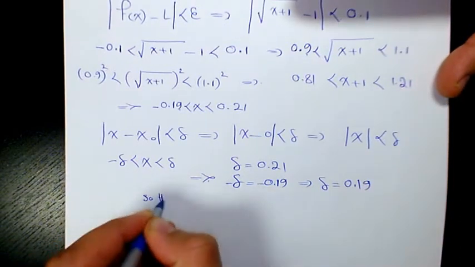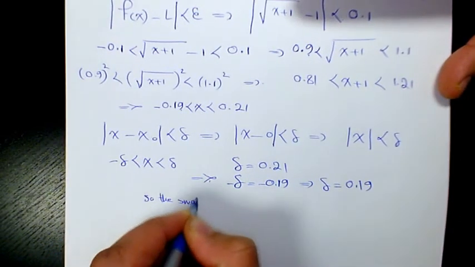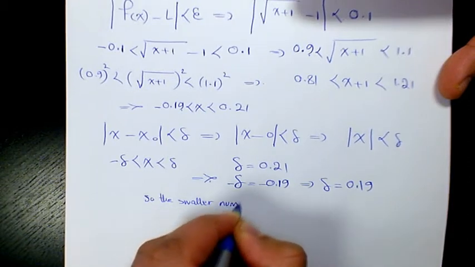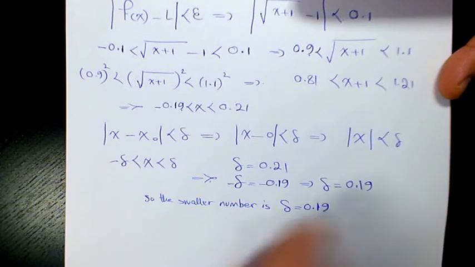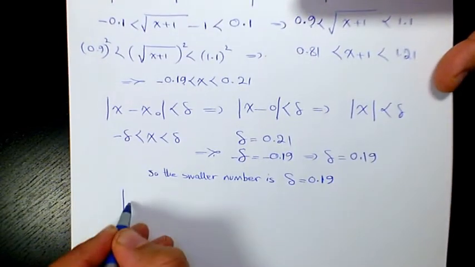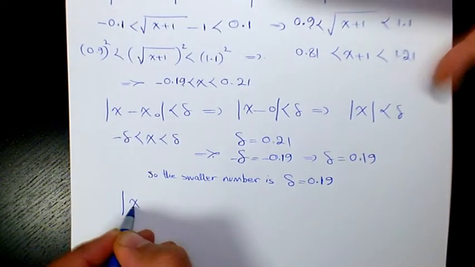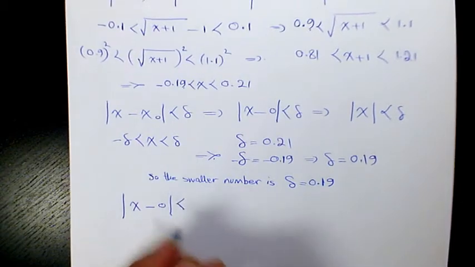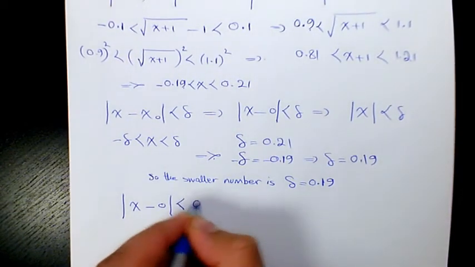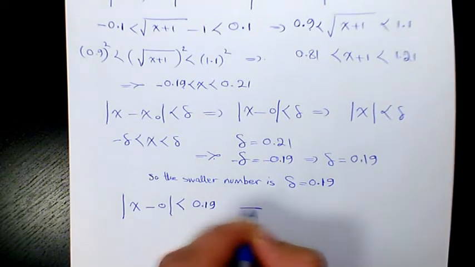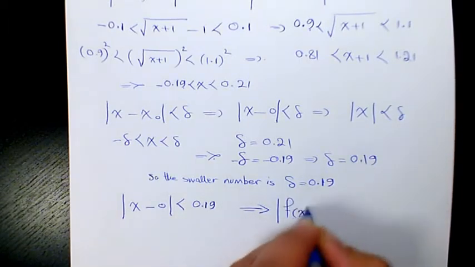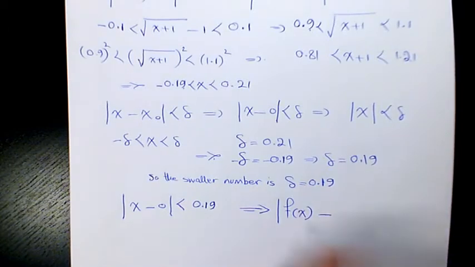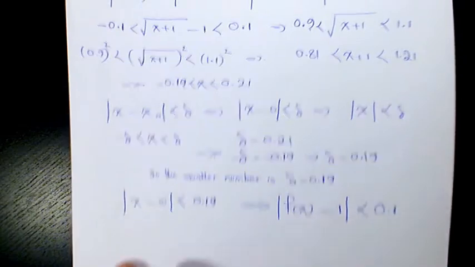So the smaller number is delta equals 0.19. So we're going to say the absolute value of x minus 0 is supposed to be less than 0.19, which results in f of x minus L, which is 1 in this case, being less than 0.1.